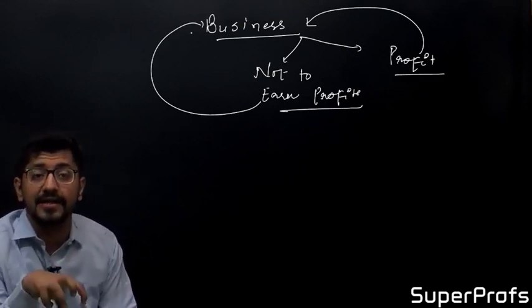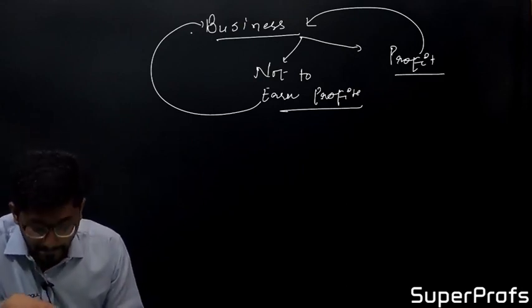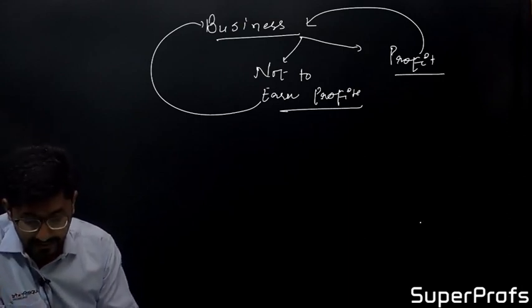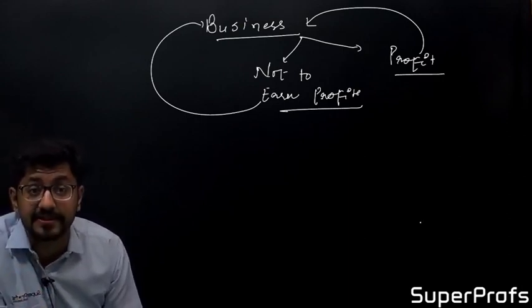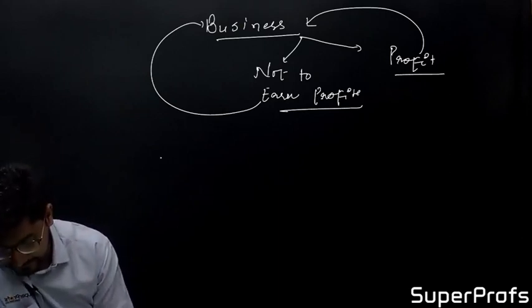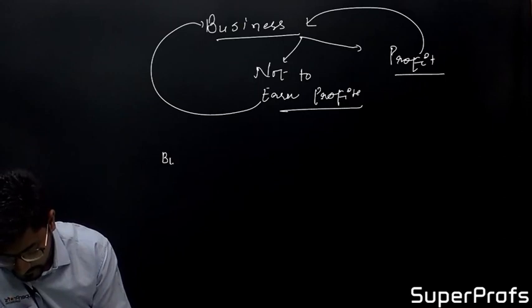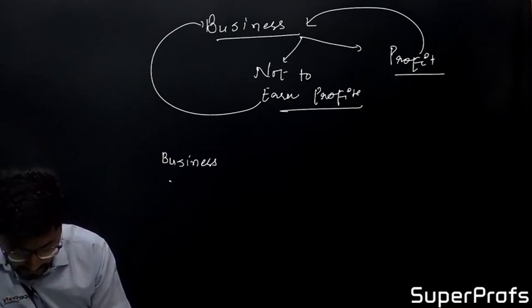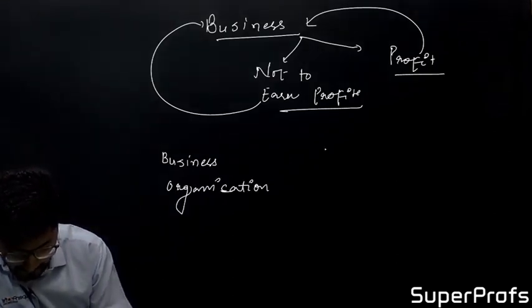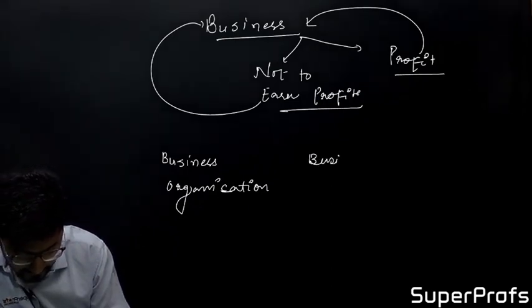These terms are very specific, which you read in class 12, but not in a detailed manner. So today we are going to start our subject with these specific terms, and we will discuss terms like business, organizations, business environment.